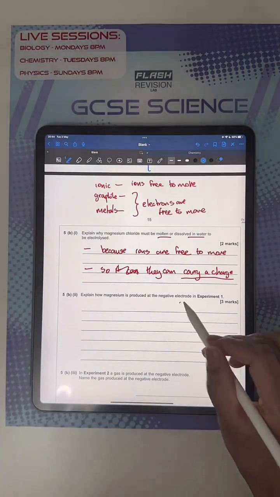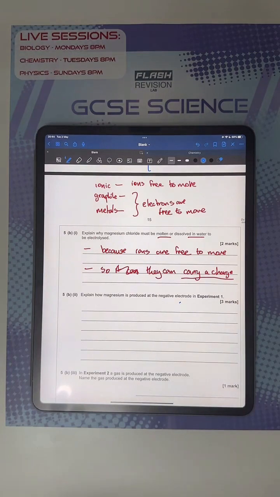What do you guys think? What can we say? Not oxidation. It's reduction, remember.